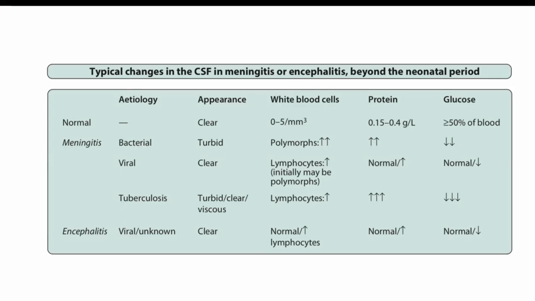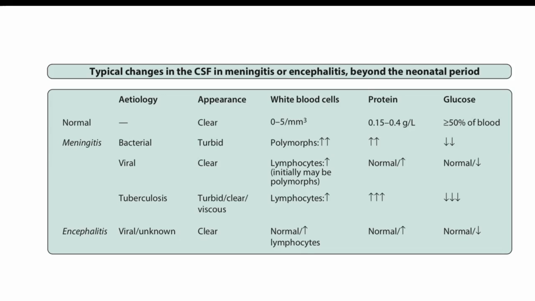So normal: the appearance is clear, and white blood cells are usually up to 5. Normal protein is up to 0.5, and in neonates up to 1. Glucose: if you measure the blood, the CSF to serum ratio is more than 40%. That's normal.